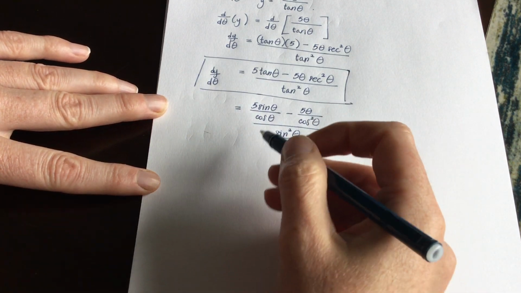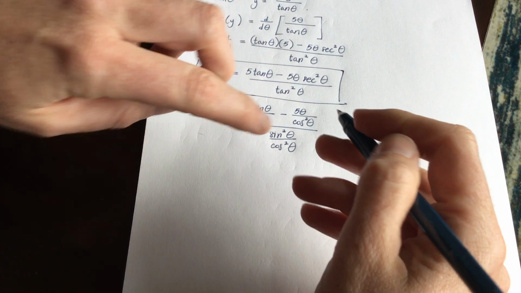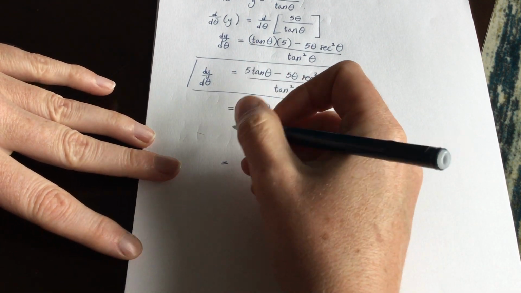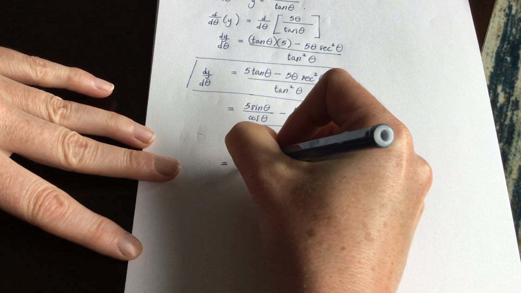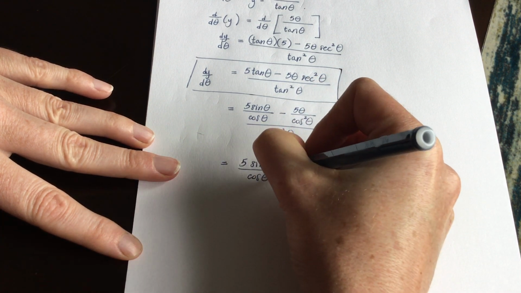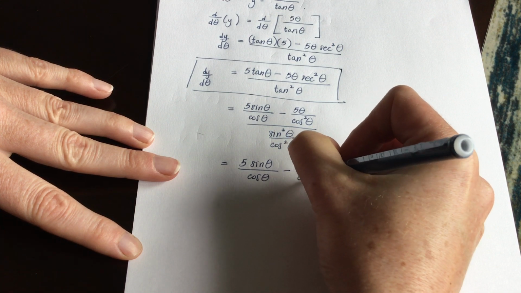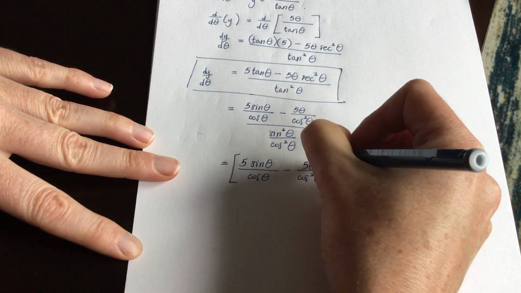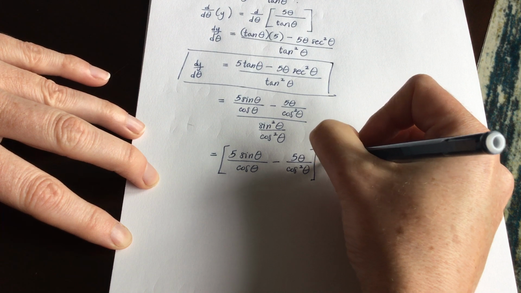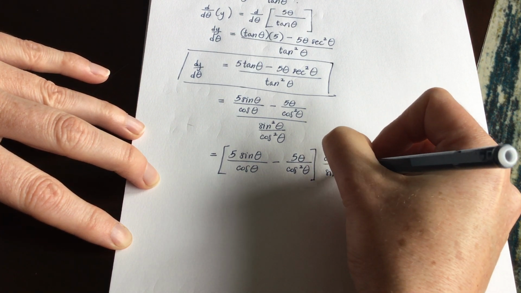So basically, another way this could look is like this, but then somebody flipped and multiplied with this compound fraction. So you could have 5 sine theta over cosine theta minus 5 theta cosine squared theta, times cosine squared theta over sine squared theta.